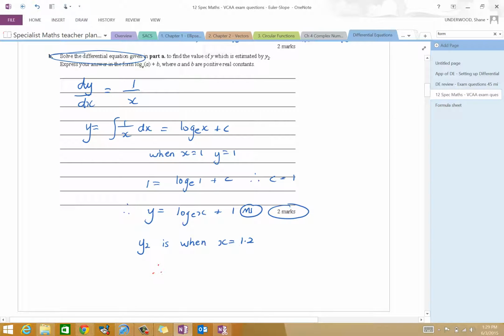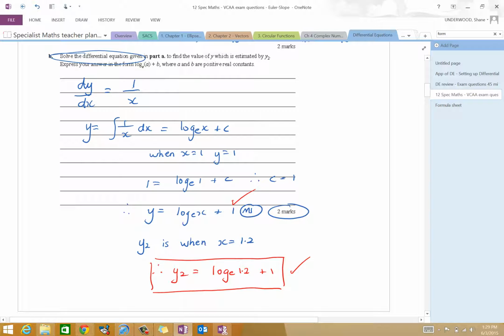So therefore, y2 is equal to what? Log e 1.2 plus 1. And really great students like Nikita will then put a box around it, make it easy, because that way the examiner goes tick, tick, and you get your 2 marks.